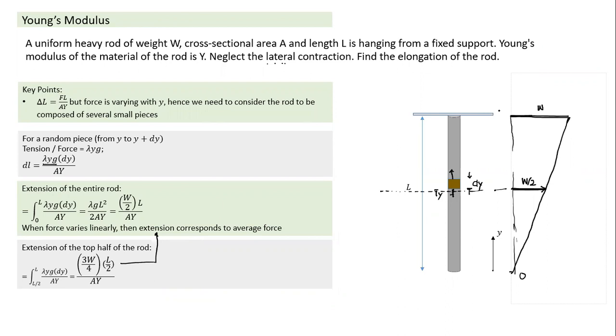So what is the average tension here? Average tension here will be equal to 1 by 2 of W plus W by 2, and that becomes equal to 3W by 4. So this is the average force which is acting on top of the rod, and length is L by 2 and AY.